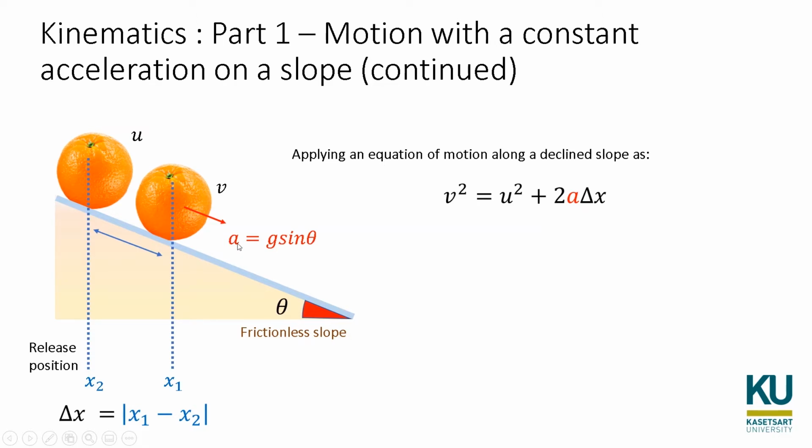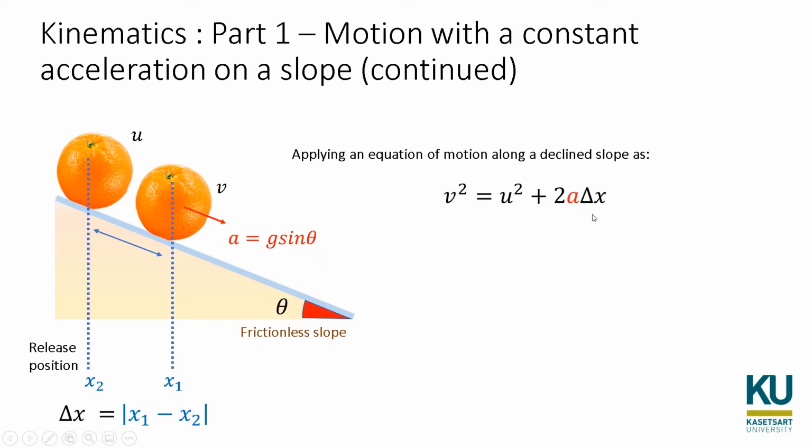You can use the equation of motion, one of the 4 or 5 equations that you already learned in the major physics course. With this relation, you will find the terminal velocity according to the initial velocity, acceleration, and displacement.